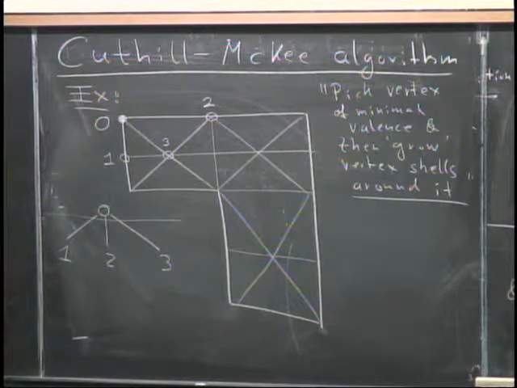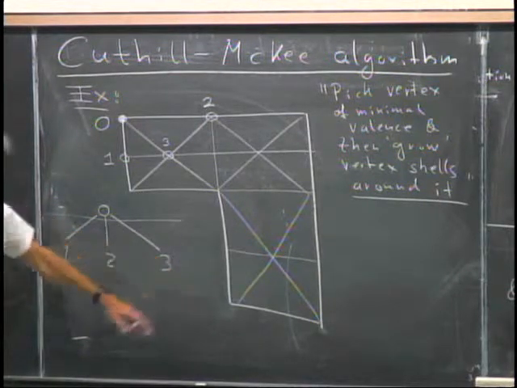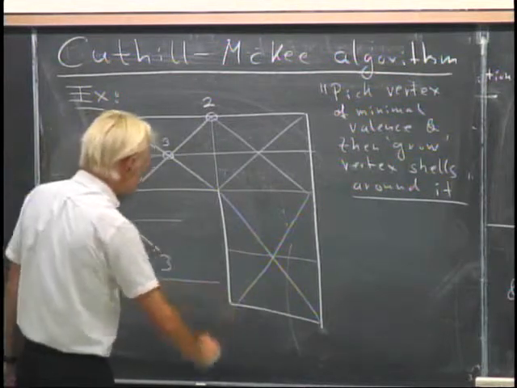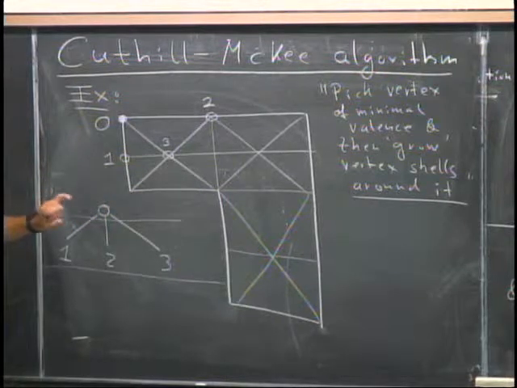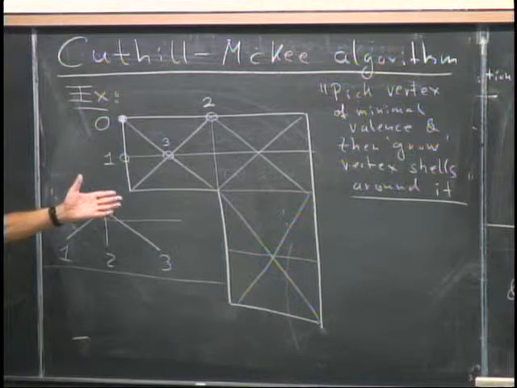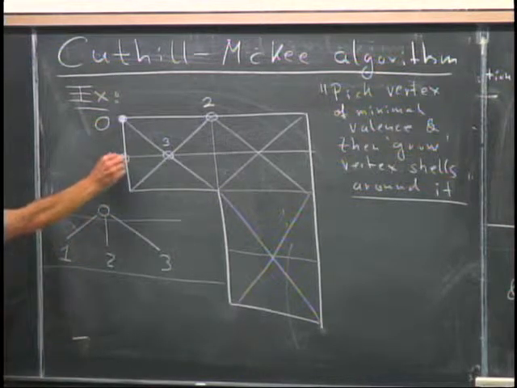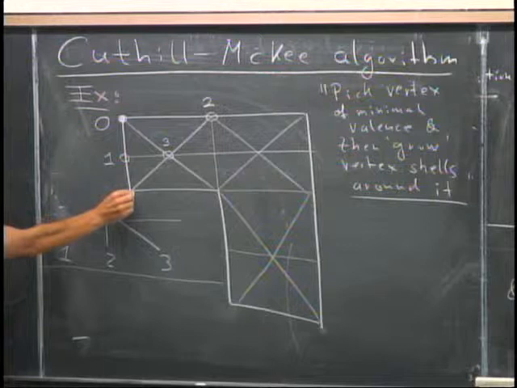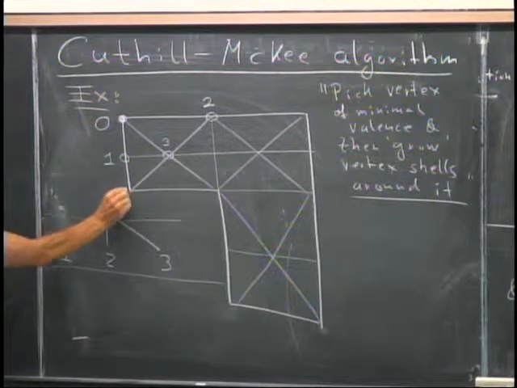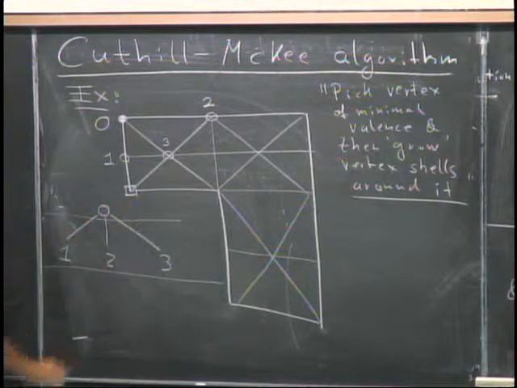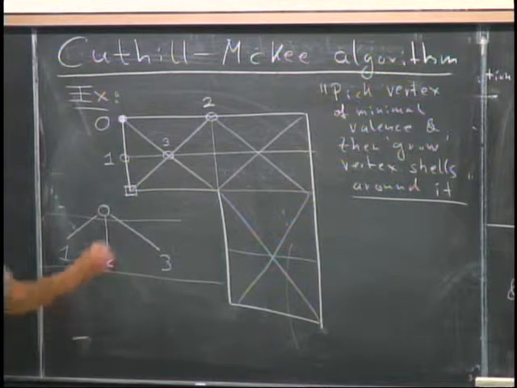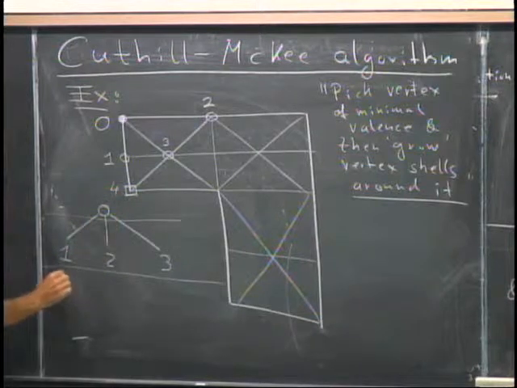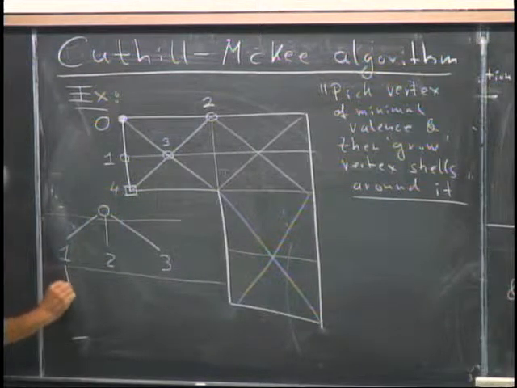Now, I go by this order, 1, 2, 3 in that level, and look at the children they are producing, again, by looking at their neighbors that are not named yet, and order those unnamed neighbors in increasing order of valence. Number 1 has still one unnamed neighbor, this guy. What's the next number available? 4. So 1 has one spin-off, number 4.